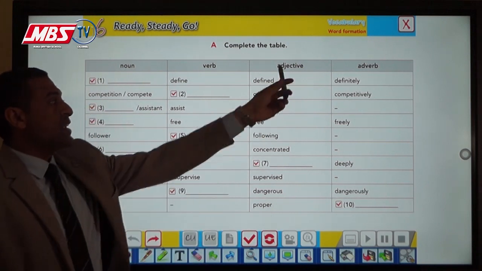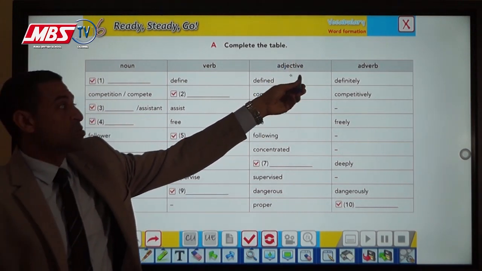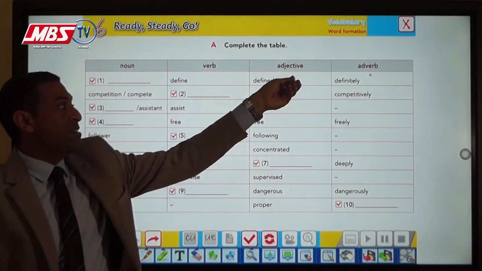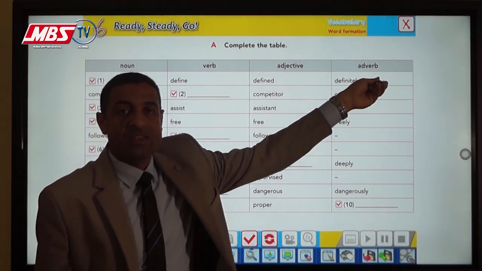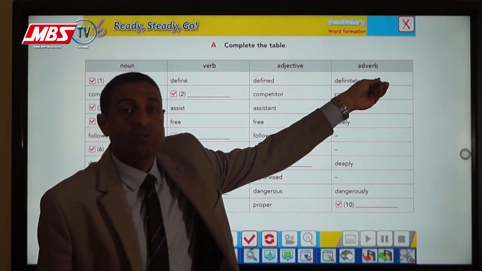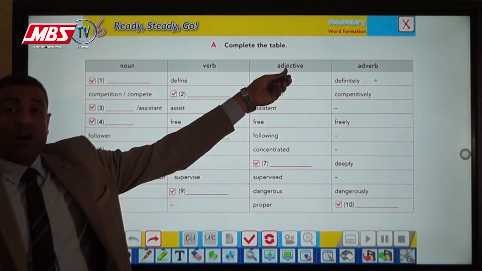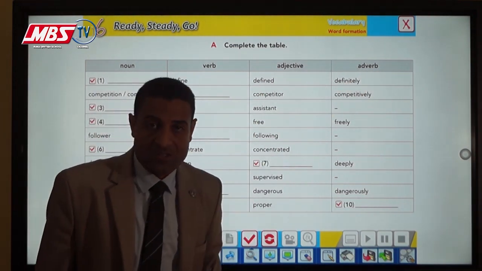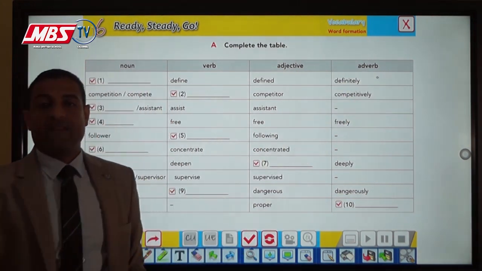First, if the adjective is good, the adverb will be well. W-E-L-L. The adjective is fast, the adverb is the same, fast.